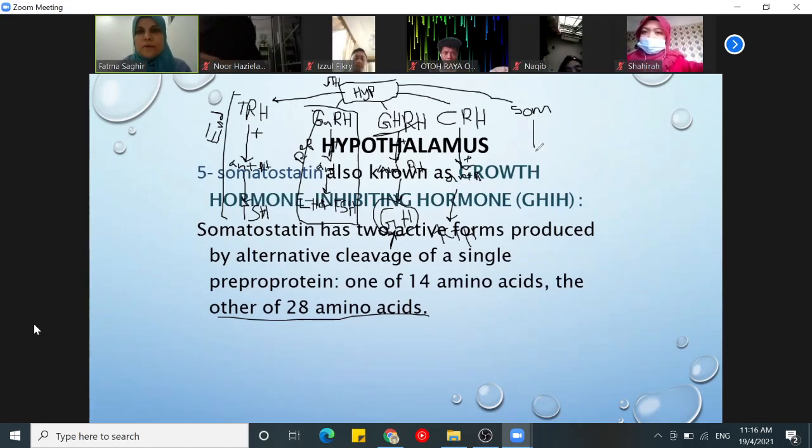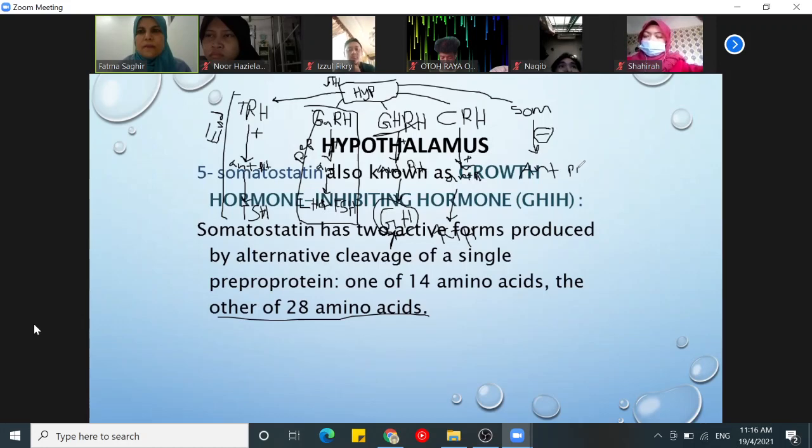So this hormone is inhibitory, so we do negative here. The previous ones were positive, stimulate. This one will inhibit the anterior pituitary. It has an inhibitory effect on anterior pituitary.